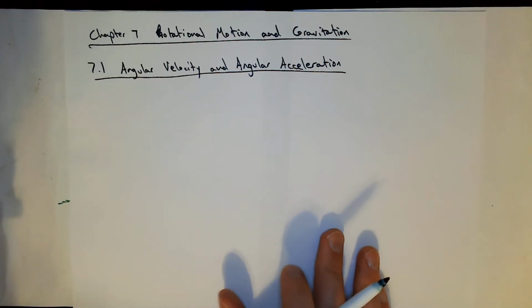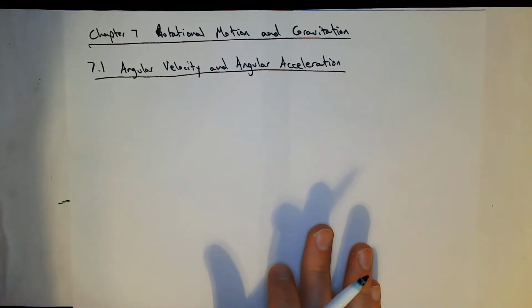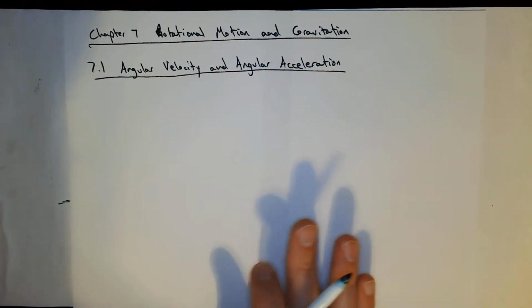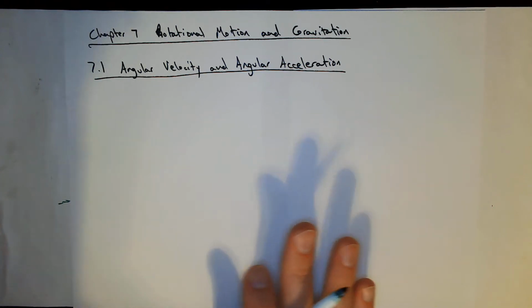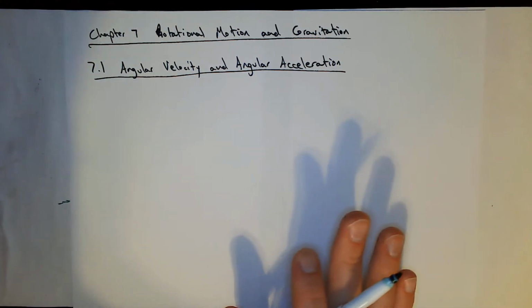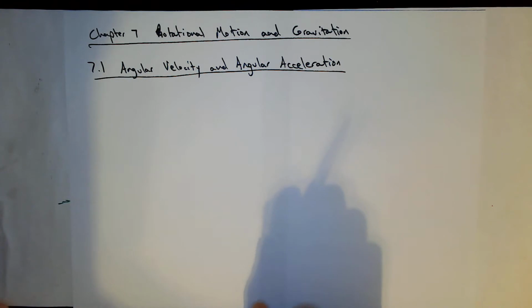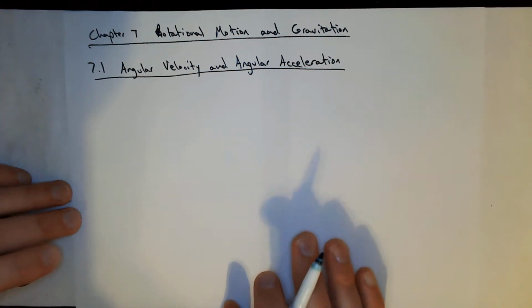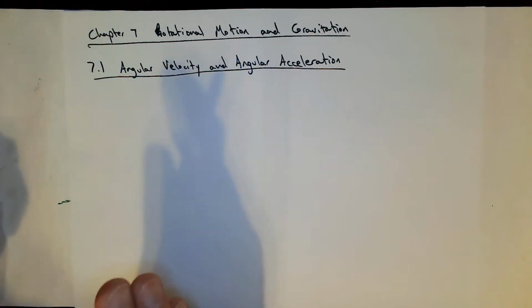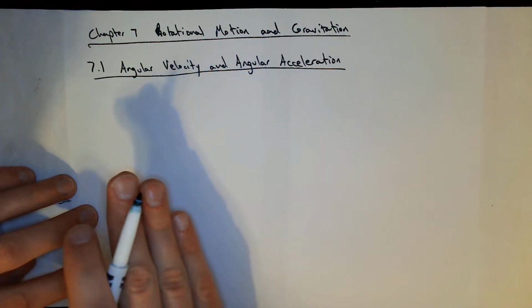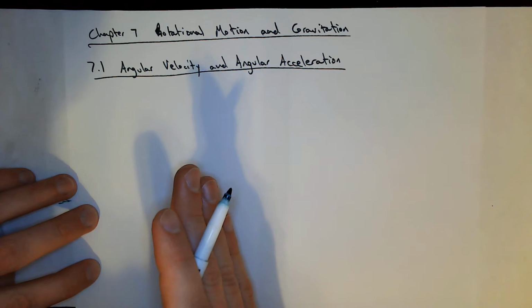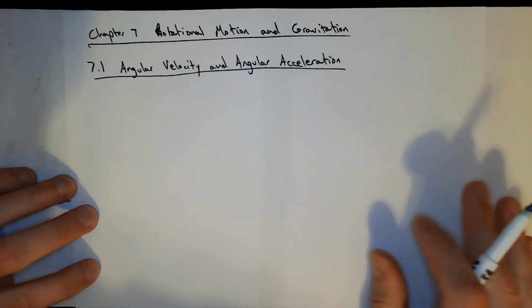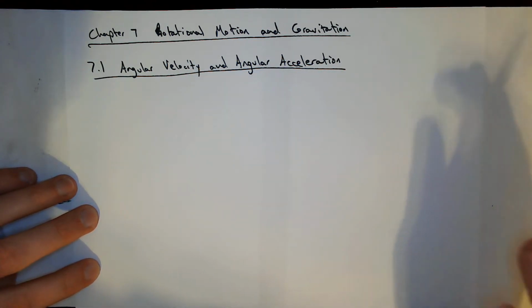7.1 is going to introduce these concepts, and then 7.2 is going to look at them for constant angular acceleration, i.e. the same kind of thing that we were looking at with kinematics, right? Kinematics require constant acceleration. So in 7.1 and 7.2, you're going to see pretty much the analogs of kinematic stuff: acceleration, velocity, displacement.